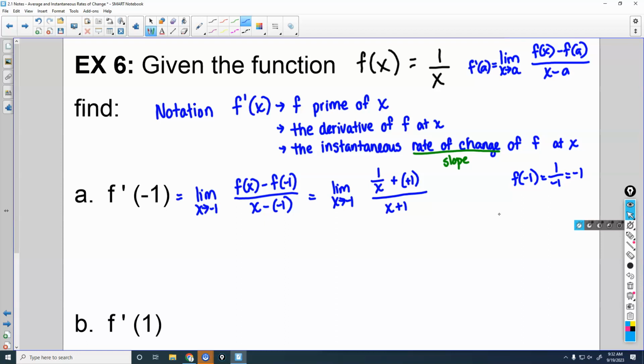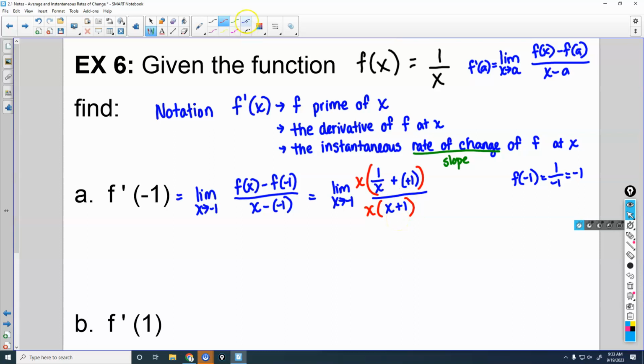We want to get rid of that denominator right there because that denominator is causing us to have a fraction inside of a fraction, right? So if there is only one single denominator, my favorite way to do this problem is to multiply the top by x, which I can do if I also multiply the bottom by x.